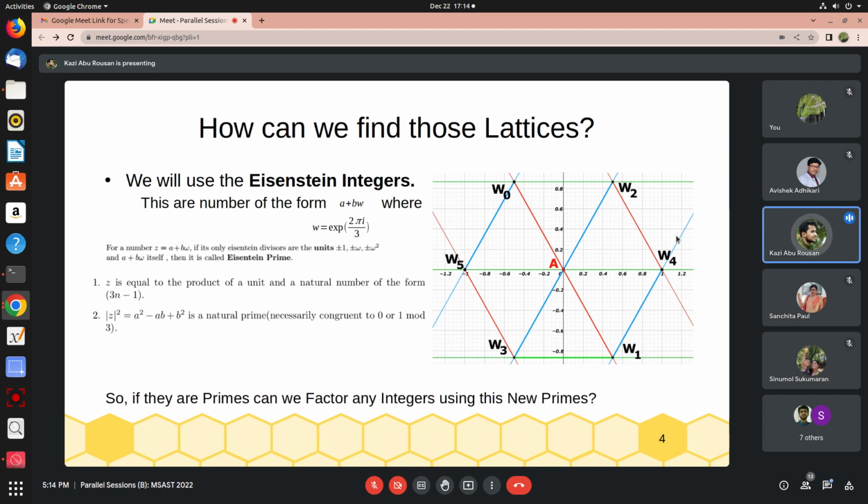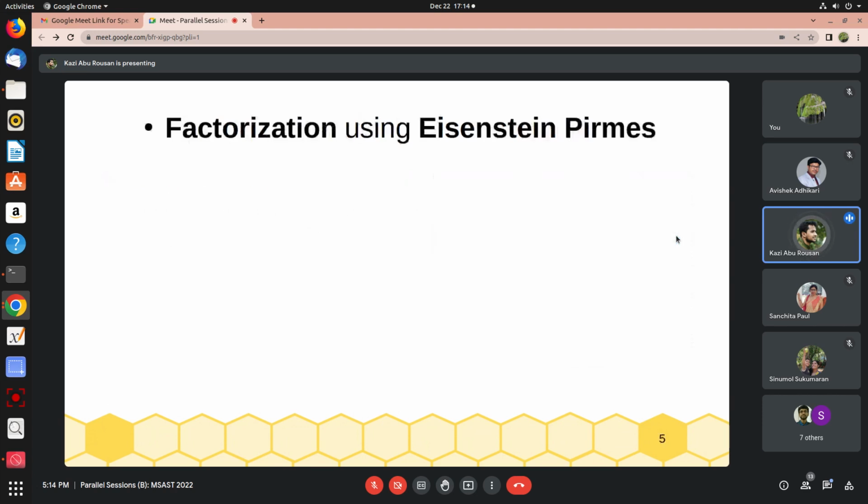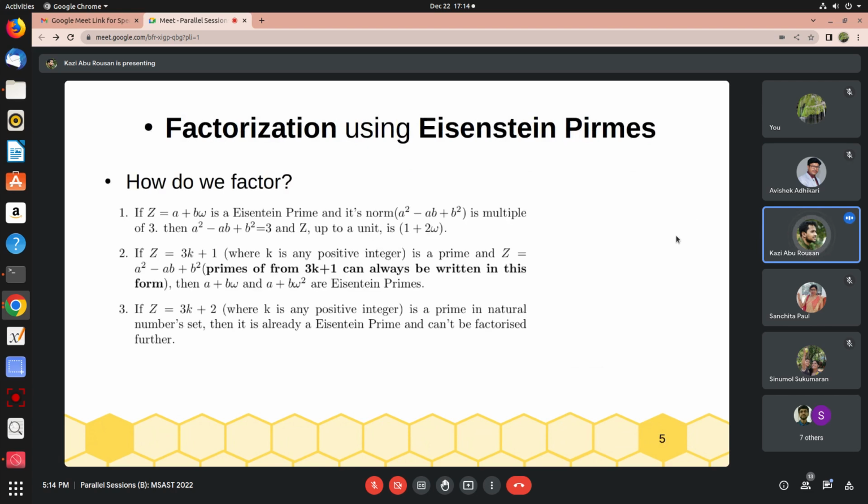So we have primes in this number system. Can we take any integer and factor it into primes? That was the next question. Actually, yes, we can very easily factor these out, and you just have to be careful about three points.